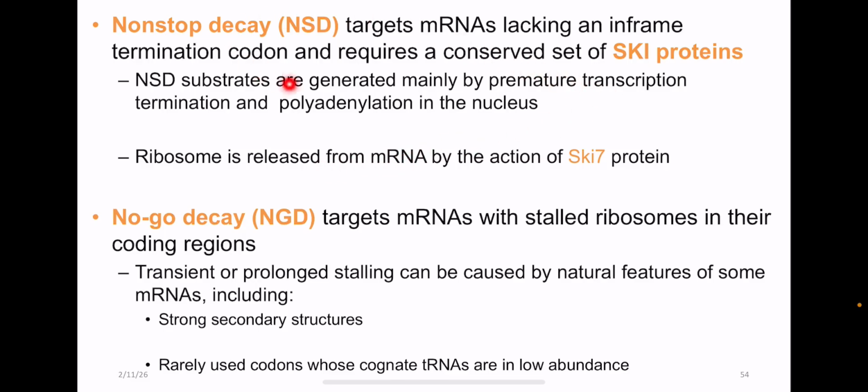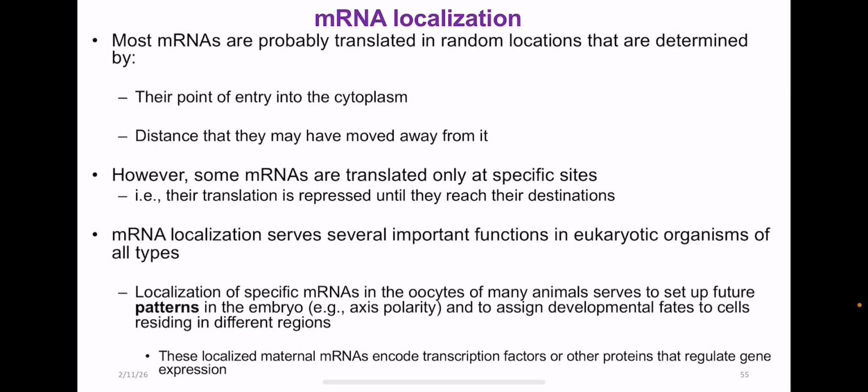When the non-stop decay pathway senses or detects an mRNA with no stop codon or a faulty stop codon, it uses one of the ski proteins, called the ski7 protein, to release the ribosome. Because it's like a car, there is no brake in it. So it will use the ski7 protein as a brake to remove the ribosome from moving further. And the no-go, I'm not sure there are any proteins associated with the no-go. Okay, and I've explained it already.